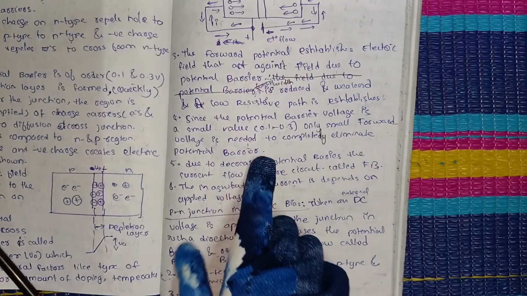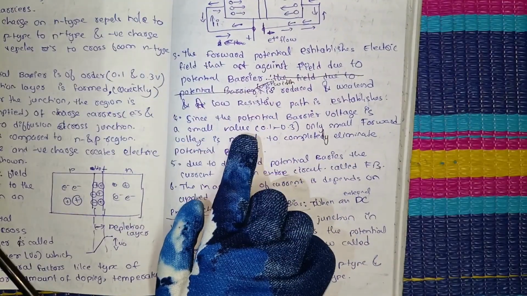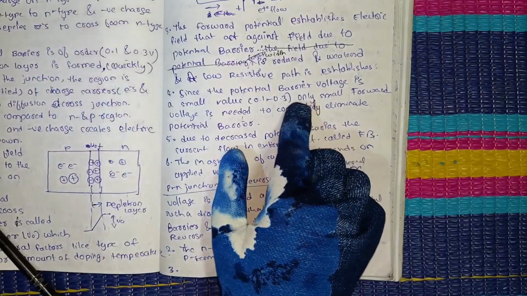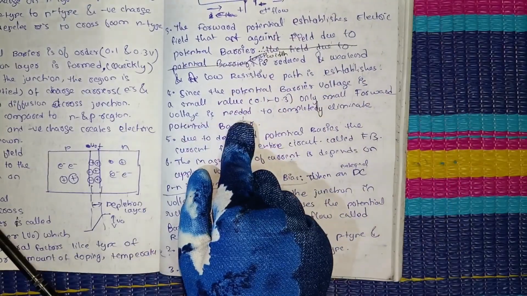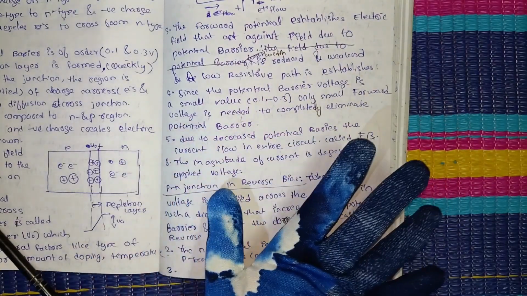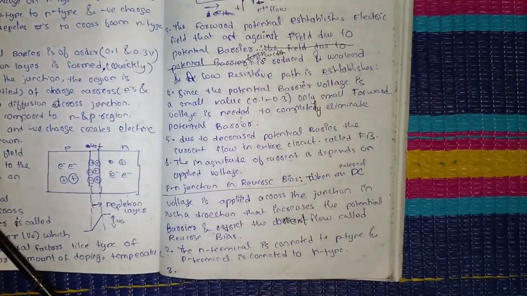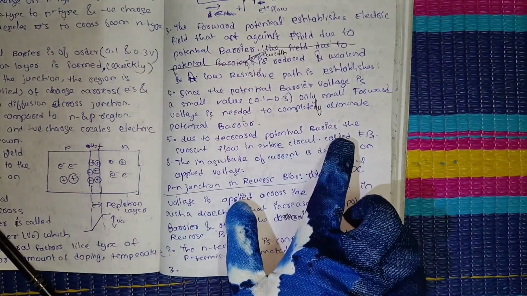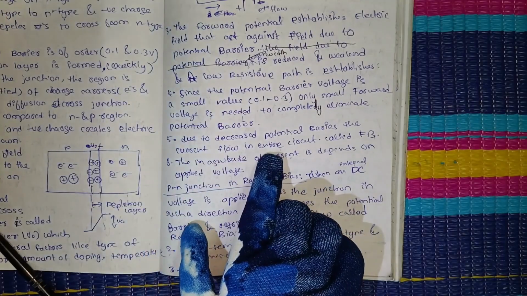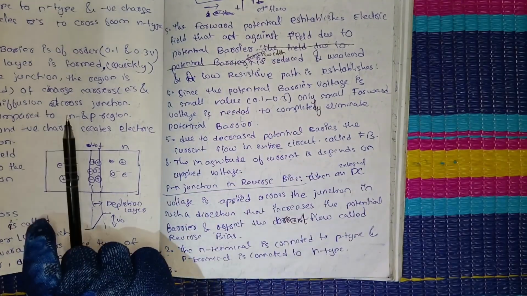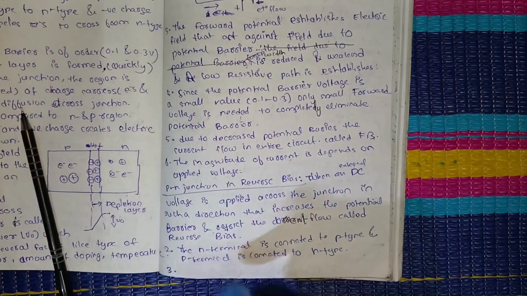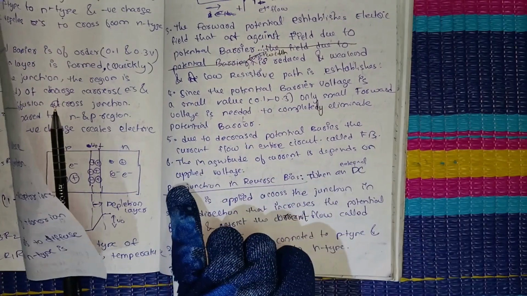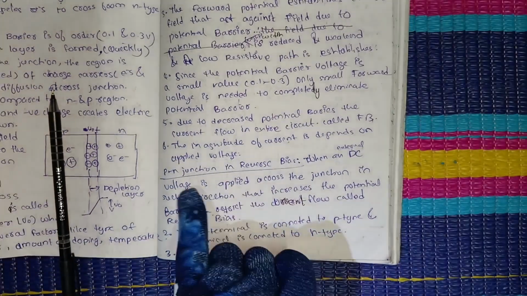Since the potential barrier voltage is a small voltage, 0.1 to 0.3, only a small forward voltage is needed to completely eliminate the potential barrier. Due to the decreased potential barrier, the current flows in the entire circuit. This is called forward bias. The magnitude of current depends on the applied voltage.